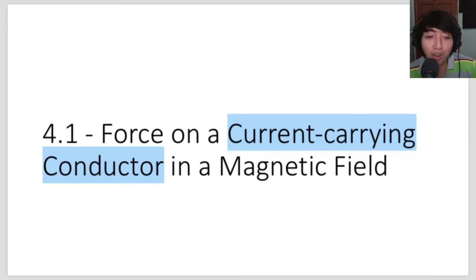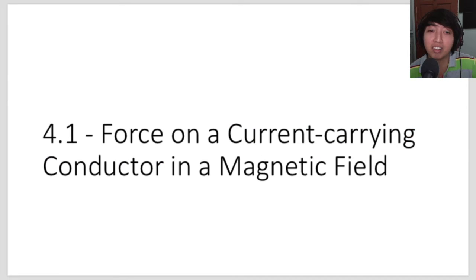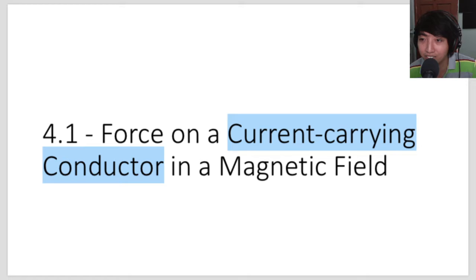But of course, in physics and in science, we have to be very specific. It might not always be a wire, so we use the phrase current carrying conductor. But if we were to simplify this title, we would say force on a wire in a magnetic field.